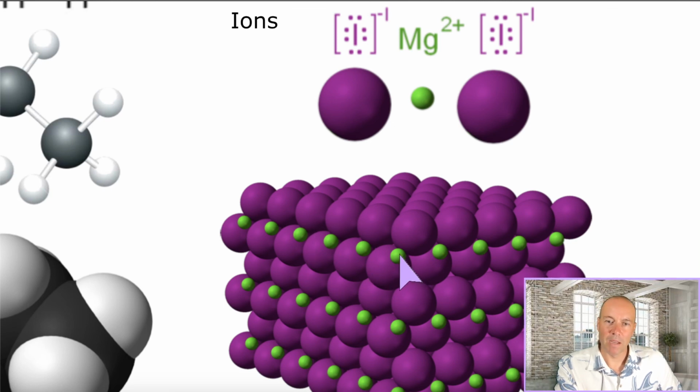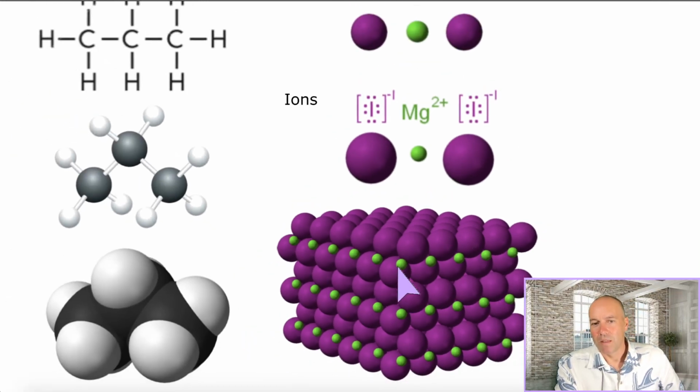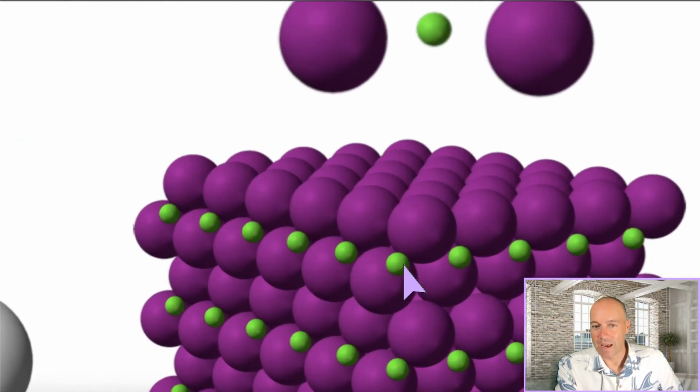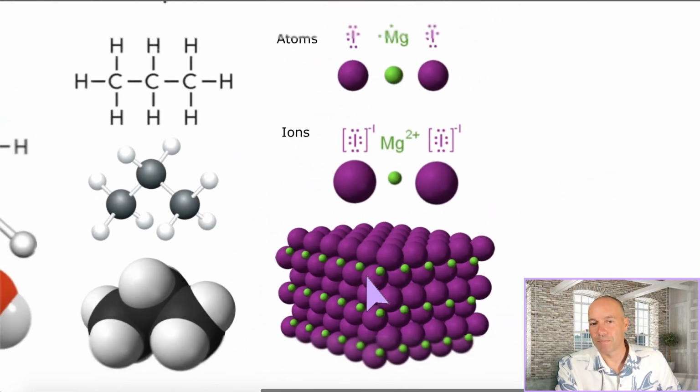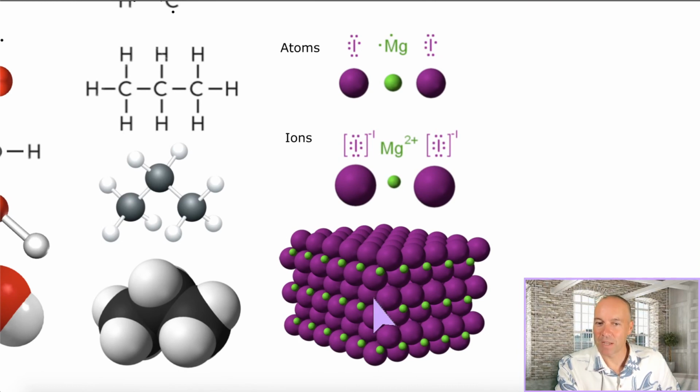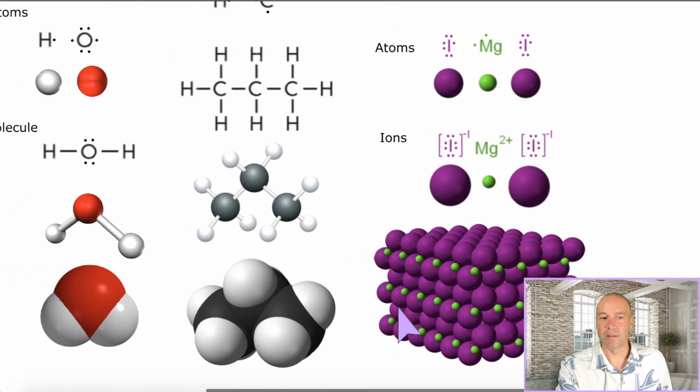Because somebody else might come along and say, well, maybe it's that one, this one, and that one. Maybe that's the molecule. Well, they'd both be wrong. There are no molecules here. There are just charged ions. That's a magnesium ion, and those are two iodide ions. And so the opposite charged ions are what hold this whole substance together.